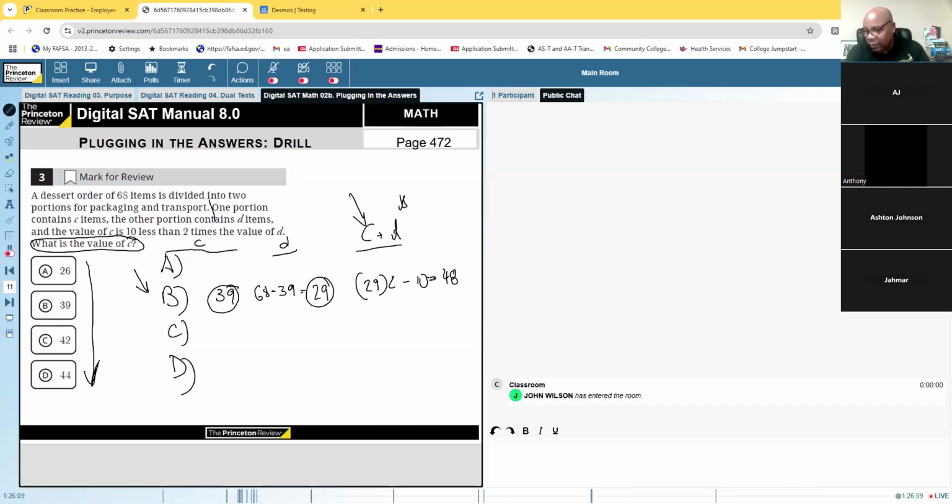One question. Are you doing 29 minus 10, or 29 times 2? My 2 looks very bad. Oh, that's a times. Okay, I'm sorry about that. That gives us 48, right? So the question would be, does that equal, if we add C plus D, does it equal 48?